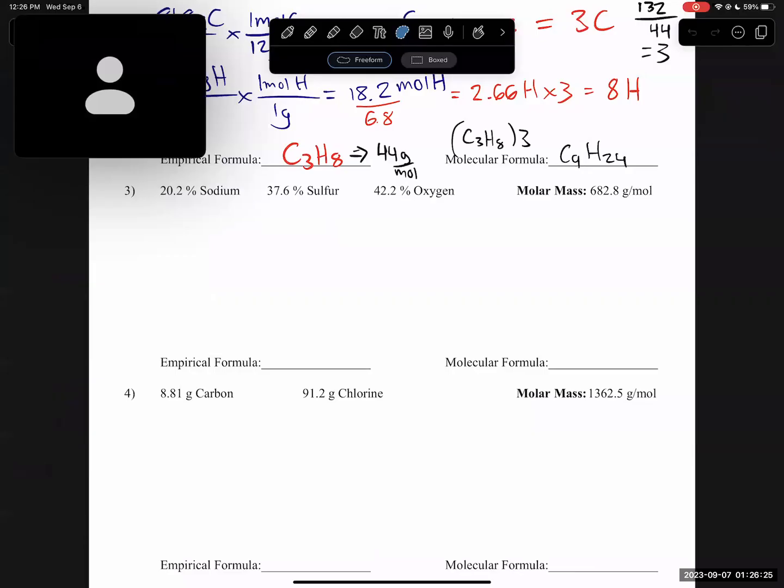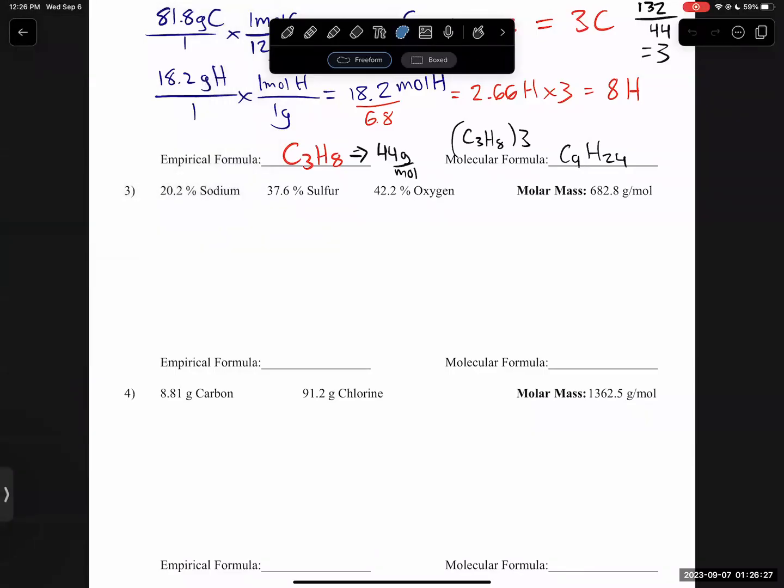You're given percentages this time, so what's the first thing we do? Yeah, convert to grams. And how do we do that? We're given percentages, so assume a 100 gram sample.